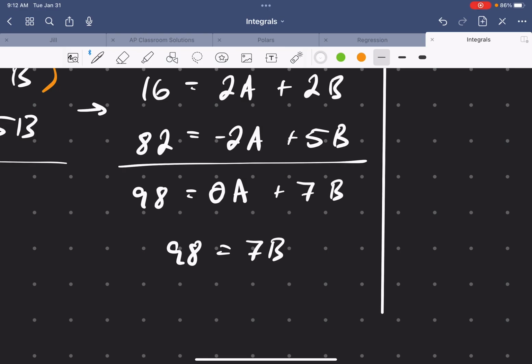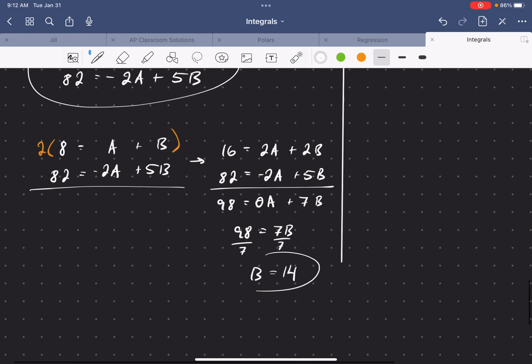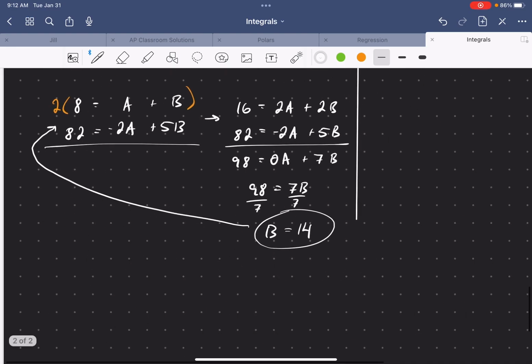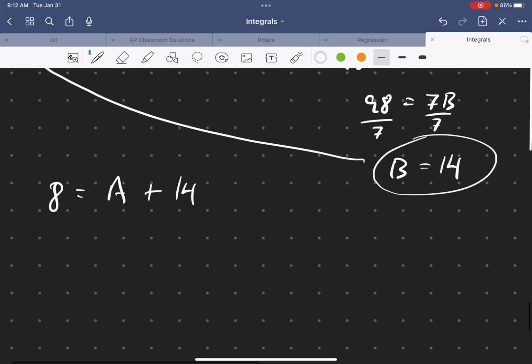So I can solve for B by dividing both sides by 7, and then B is equal to 14. Now that I know what B is as a constant, I'm going to plug it into one of the original equations. The top equation would be the easiest here. So 8 would be equal to A + B, which we know now is 14. And then solve that for A. So A would be equal to -6.